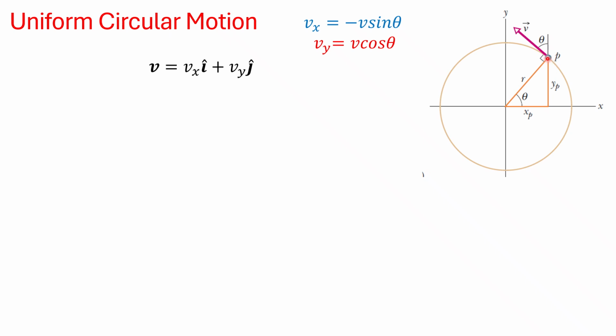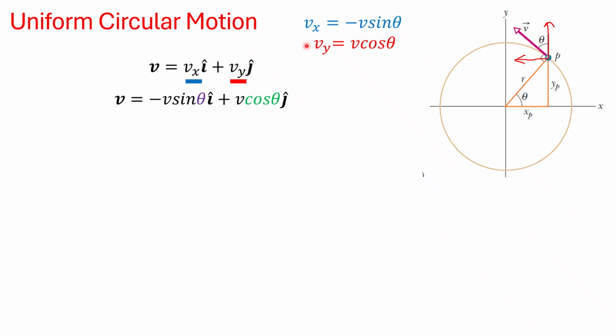You can imagine if we resolve this into two directions, this will be the x direction. It will be along the minus x direction, and the vertical component, if I extend, will be plus vy. So here you can observe vx is equal to minus v sine theta and vy is equal to v cos theta.